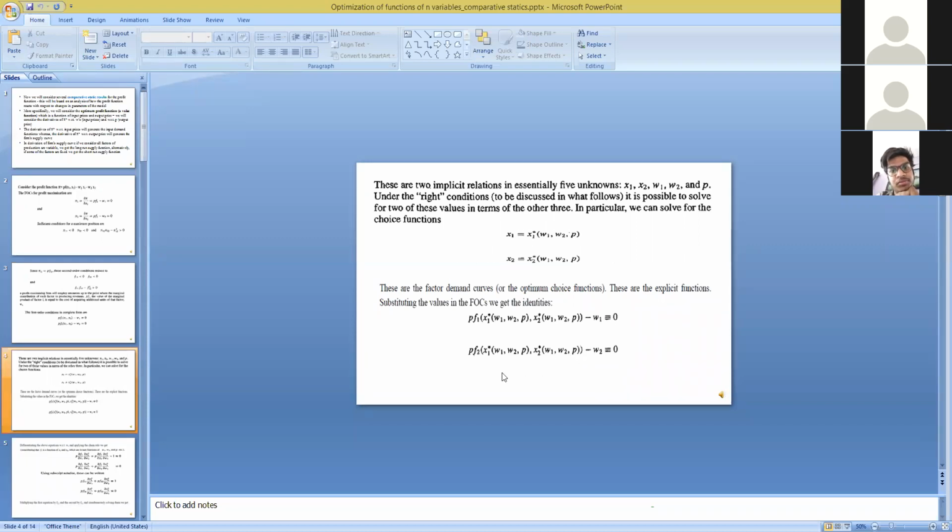Similarly, we are considering the second first order condition, P F2, which is a function of X1 star, X2 star, which in turn are functions of W1, W2, and P minus W2, which is equivalent to 0. So same first order conditions I am considering, but at optimum.